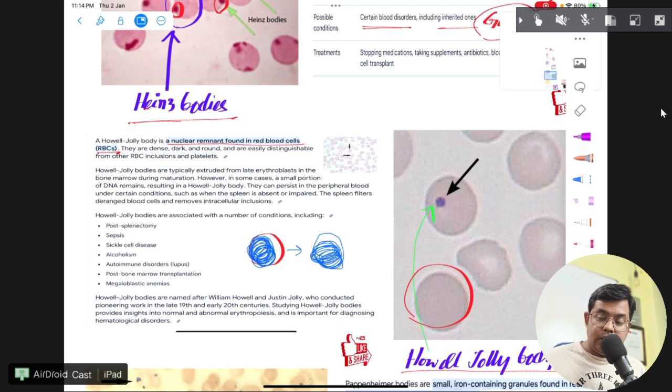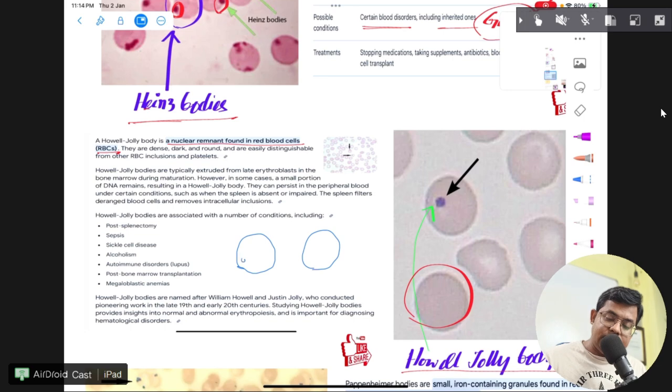Now, what is the difference between a reticulocyte and an RBC? Reticulocytes still contain some nuclear remnants within the cells, but mature RBCs are devoid of any nuclear remnants.